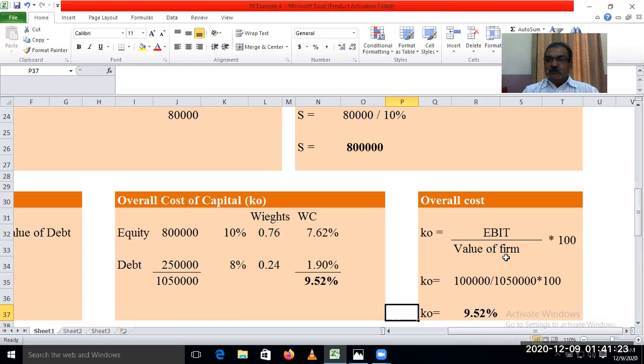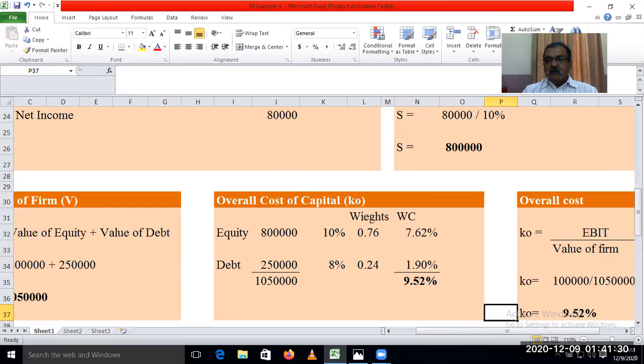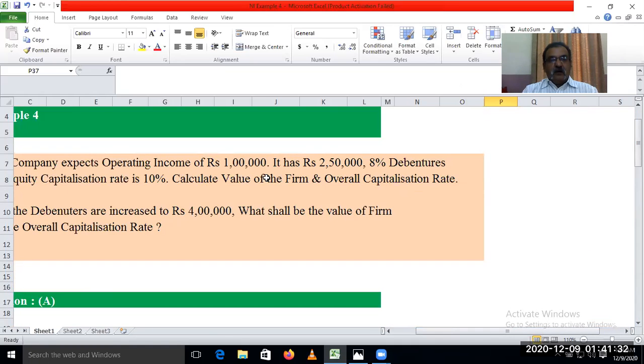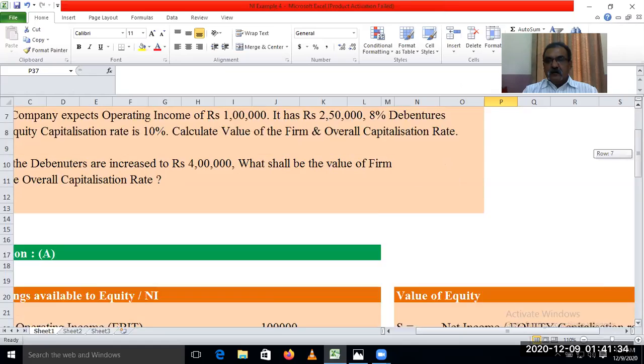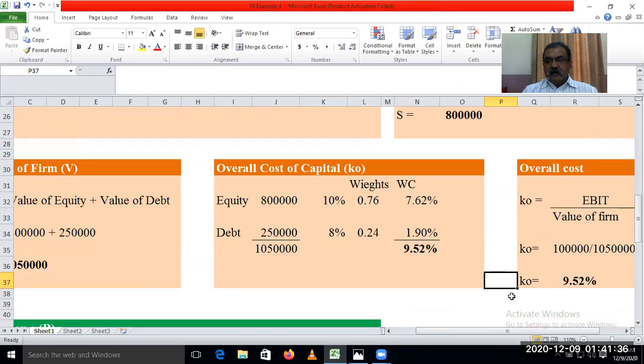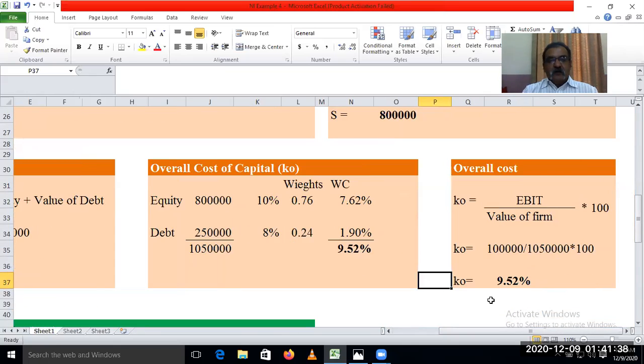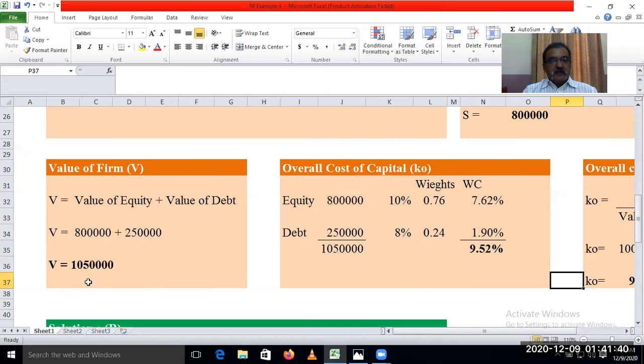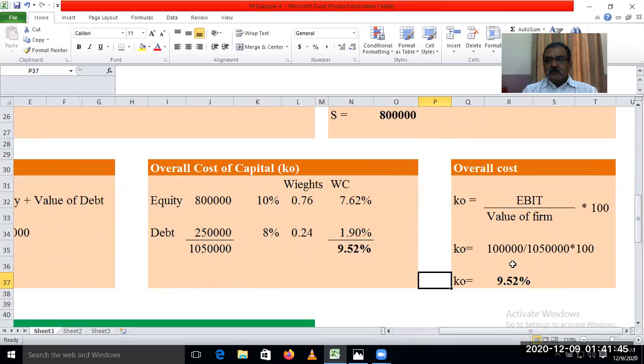And that's why there is one shortcut, another way, that is EBIT, operating income, divided by value of firm, multiplied by 100. You can check out operating income is 1 lakh, which is given in the example. Operating income is rupees 1 lakh. So 1 lakh divided by value of the firm. Value of the firm we have calculated as rupees 10 lakhs 50,000. So 1 lakh divided by 10 lakhs 50,000 into 100.